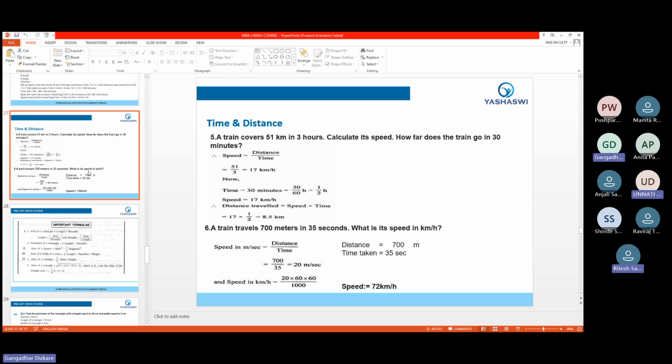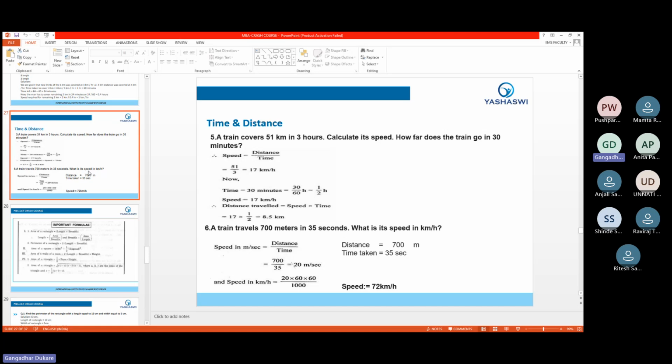Otherwise your answer will be some different values, like 0.7, 0.8, which do not match whatever option is given. Speed and distance questions that come in the examination are simple, keeping one formula, speed equals distance upon time. Whatever needs to be calculated is part of your final calculation.